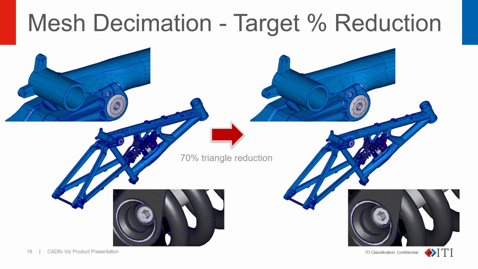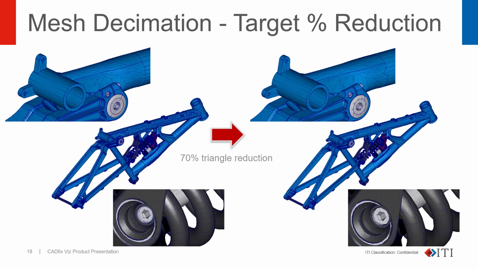And we have two ways of setting that target. That can be a percentage reduction that the user sets, saying, hey, I want a 50% reduction in polygon count. And if CADfix can do that within the parameters of not going over the maximum geometric change that you've also set, it will do that.